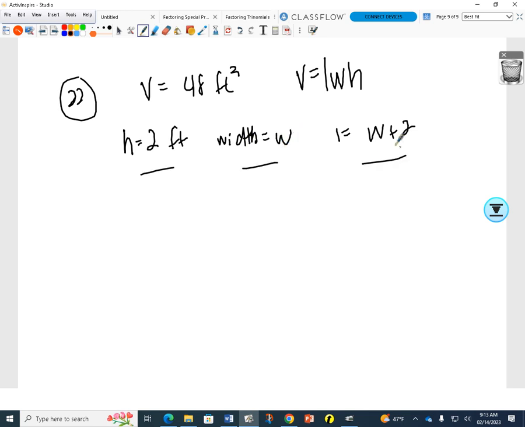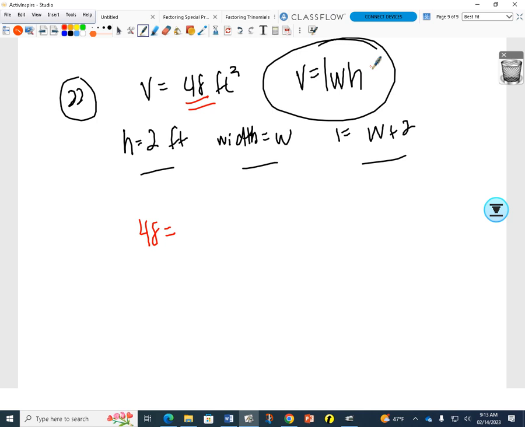So we're going to start with, what am I going to plug in for the V? I'm going to plug in 48. What am I going to plug in for the length and the width? Well, honestly, I'm going to go ahead and plug in this 2. I'm going to plug in the one-term factors first. Even though the length is first, remember, it doesn't matter the order when you're multiplying, that's the commutative property. Multiplication or addition, the order doesn't matter.